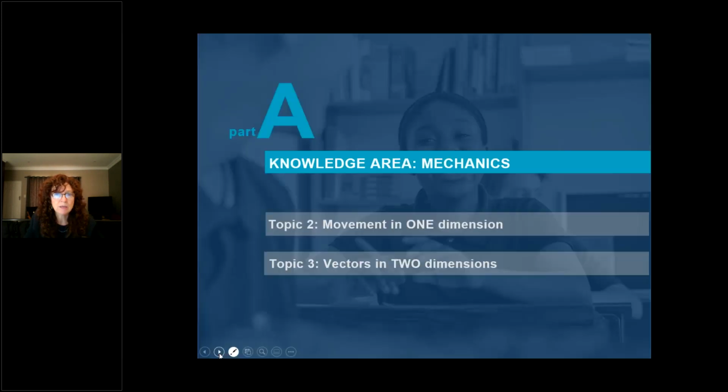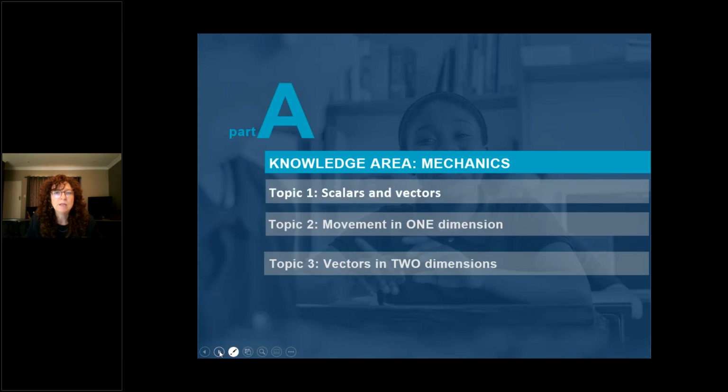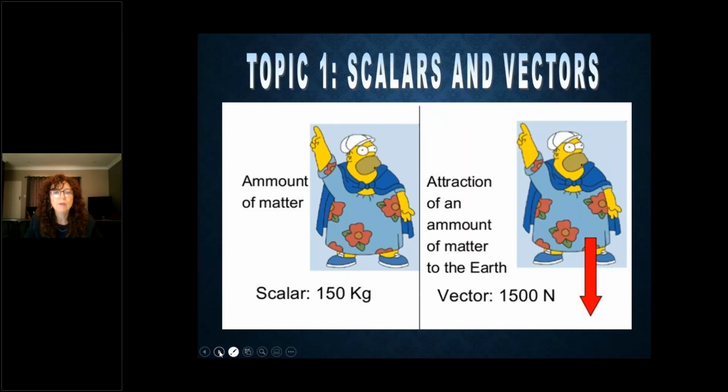Okay, physics especially. We are going to do mechanics and scalars and vectors, movement in one dimension, vectors in two dimensions. So a quick reminder about the difference between weight and mass. Mass is your amount of matter, and weight is the attraction of an amount of matter to the Earth.